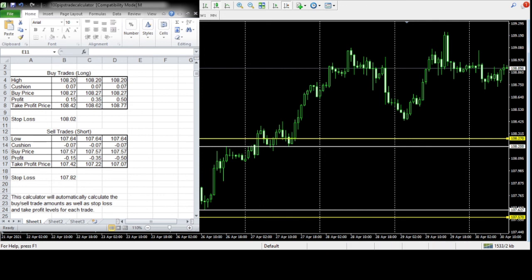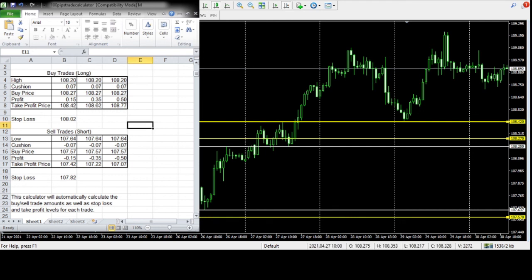And the take profits. Take profit one is 108.42. So it has done TP1. Then you trail the rest.